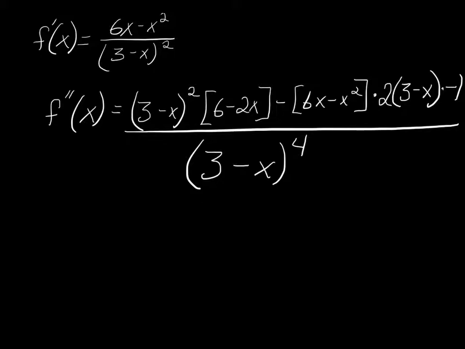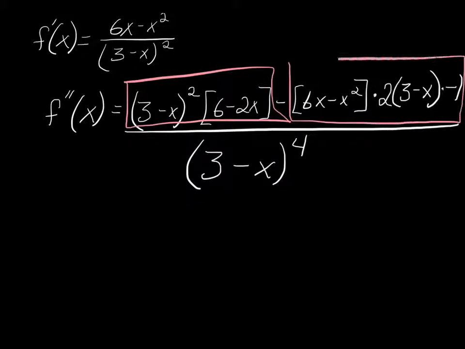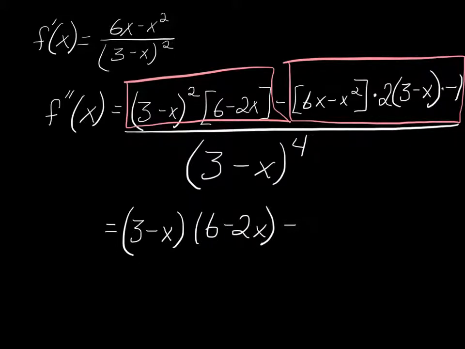Now, notice that in each of our two terms, which is a little bit hard to see, we have our first term here, and then our second term here. All right. And so in each of those two terms, we have a 3 minus x. So we're going to get to cancel it out. So this is going to become 3 minus x times 6 minus 2x minus 6x minus x squared.